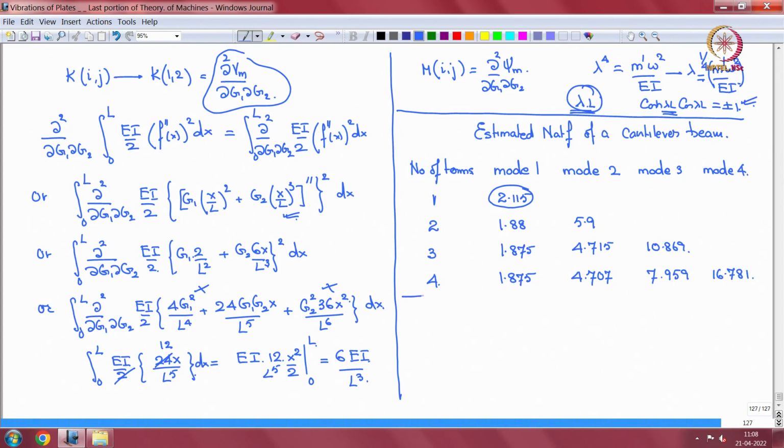And the exact, quote unquote exact, values are 1.875, 4.694, 7.855 and 10.996.